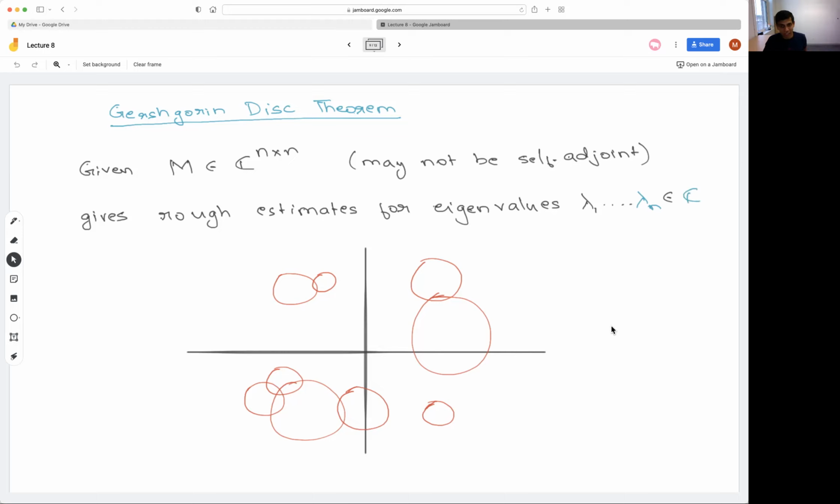Eigenvalues are elements of whatever field we are talking about. So in particular, if our matrices have complex entries, if the underlying field for the vector space is the complex numbers, then eigenvalues are complex numbers.